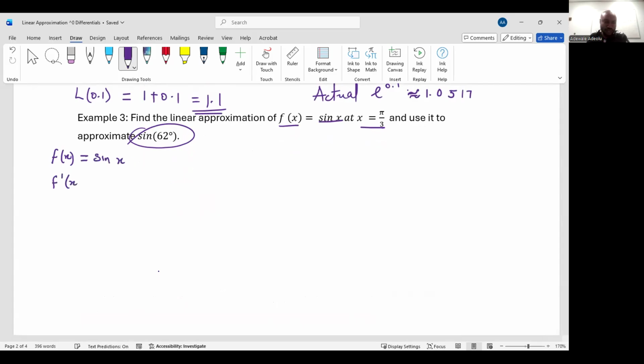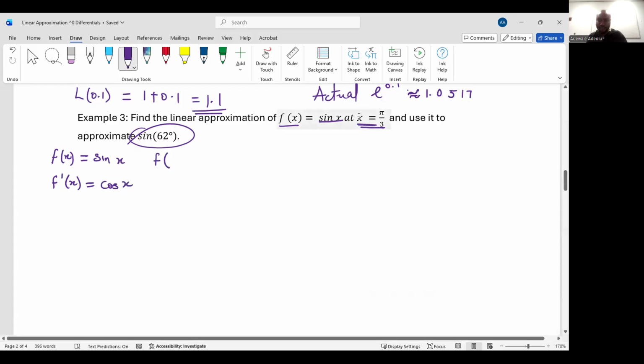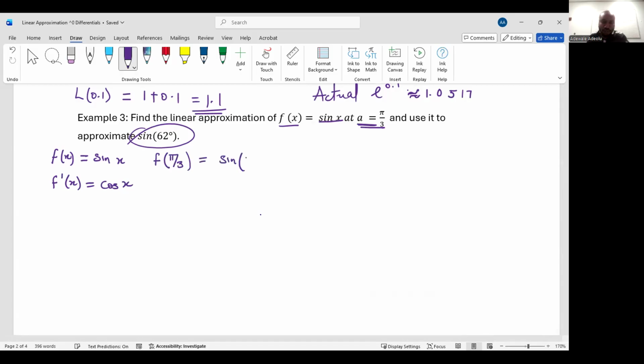The derivative of f is cosine of x. So f of our x or our a, it doesn't matter. So let me change this to a. So at a equals pi over 3, we have sine of pi over 3.